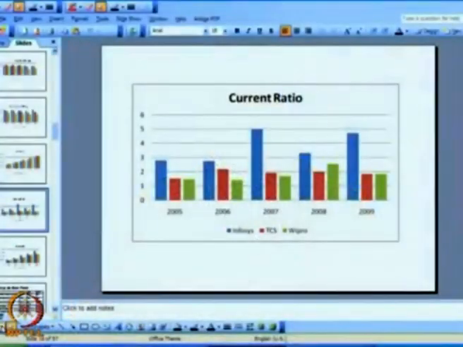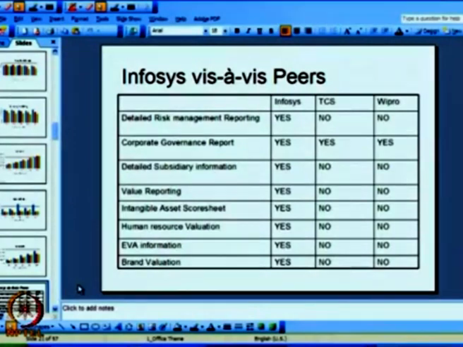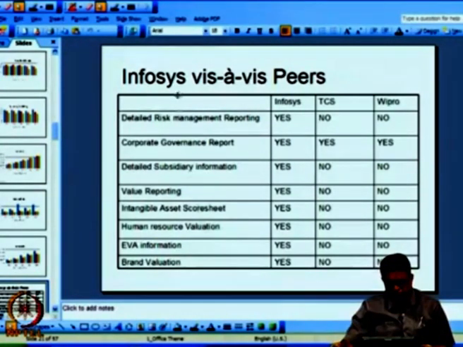Now, the next one which is brought out is Infosys vis-a-vis the peers. So, again it tells you about detailed risk management reporting. Infosys, if you see, tells what is the risk that is involved with respect to the different investments. TCS does not give you full details, similarly Wipro does not give you full details. Corporate governance report, all the companies give you. Then the detailed subsidiary information, Infosys provides full information, TCS does not, Wipro does not.